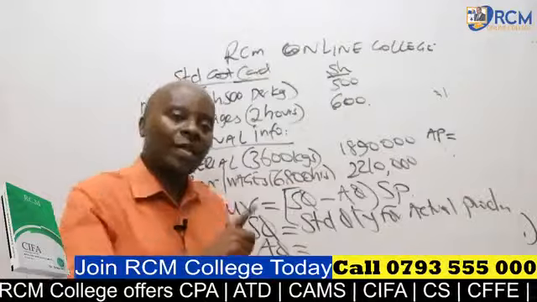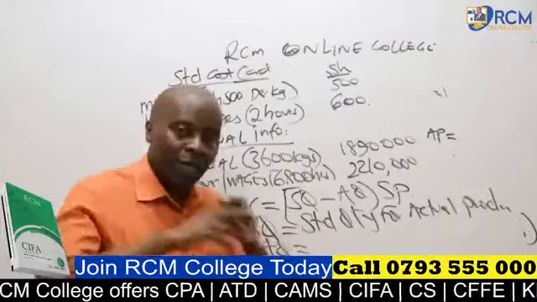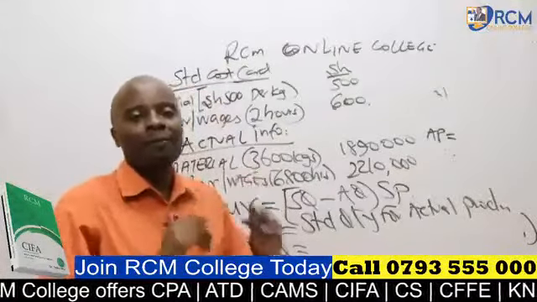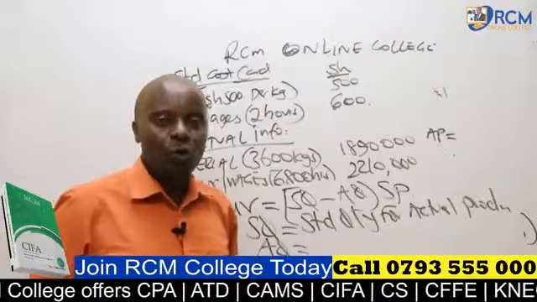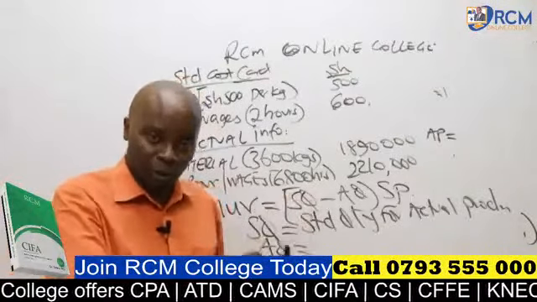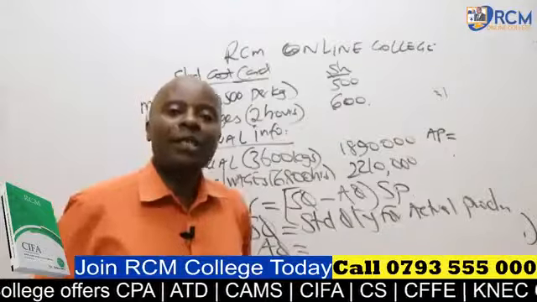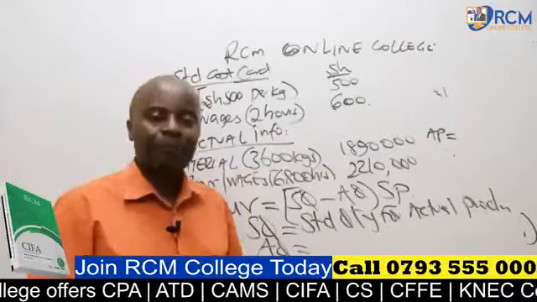And I would want to give you exactly 1 minute for you to get this answer correctly. And this ball, I'm straight away throwing it to the CPA section 2 students who are doing MA. I would want one of my students of section 2 to do proper substitutions here and give us an answer for the material usage variance, exactly 1 minute.